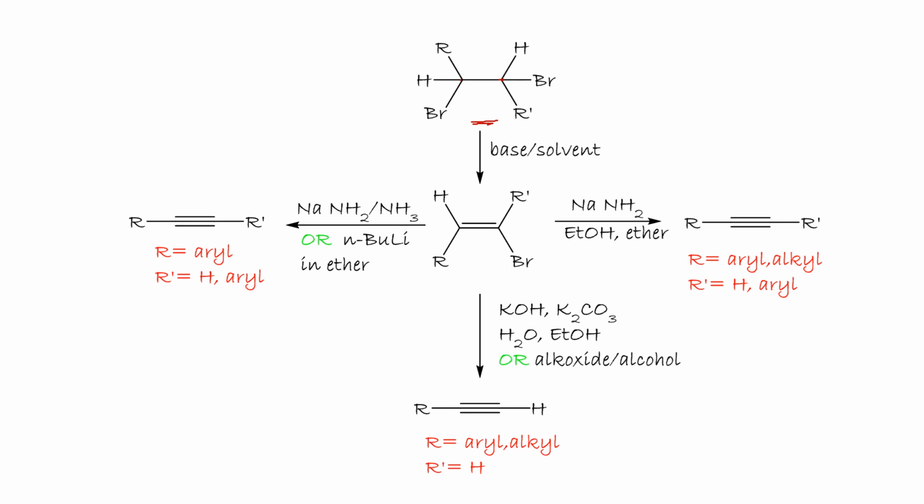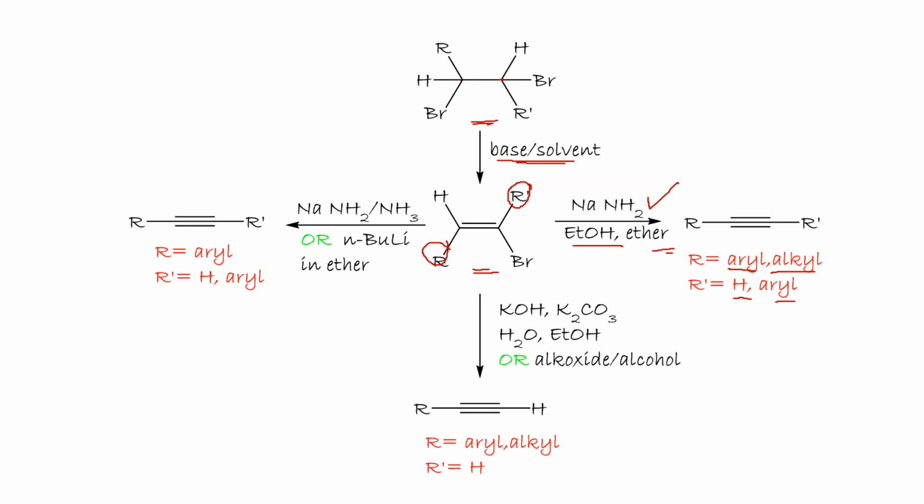Starting with the vicinal dibromide, using base and solvent, we get vinyl bromide, and depending on the structure of the substituents, R and R prime groups, different reaction conditions could be applied. So if we have R aryl or alkyl and R prime H or aryl, we can use sodium amide in ethanol and ether.